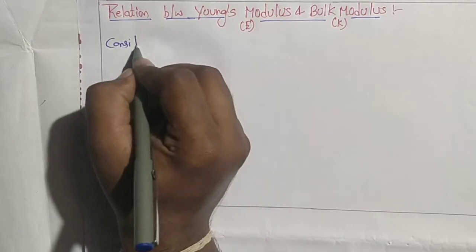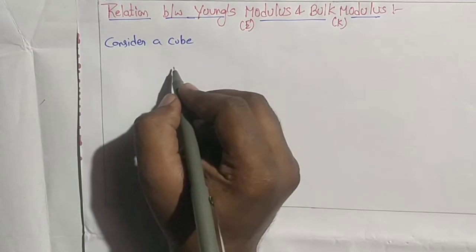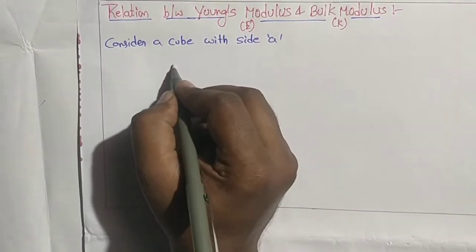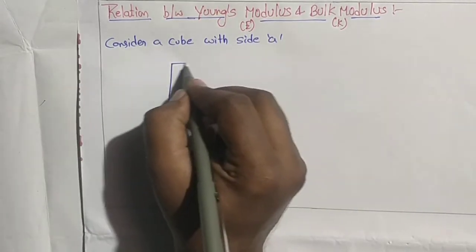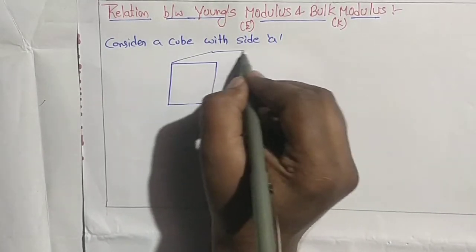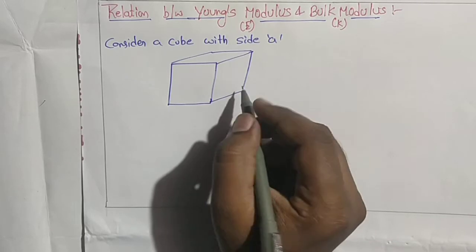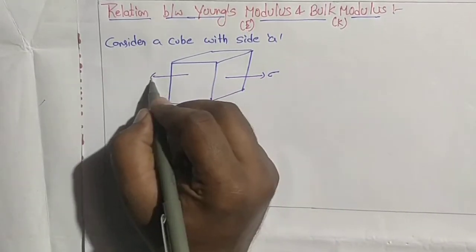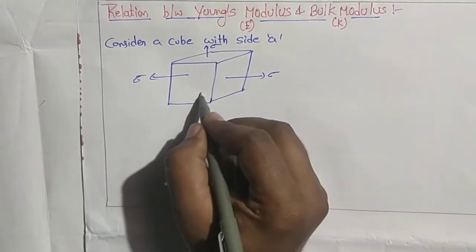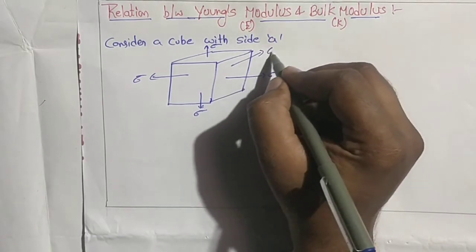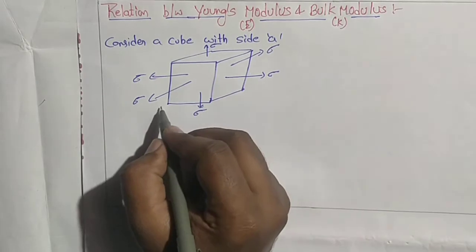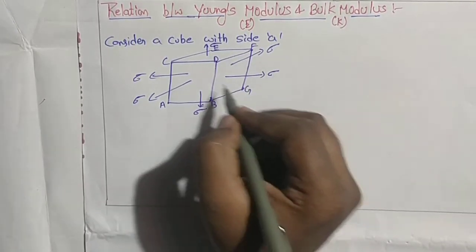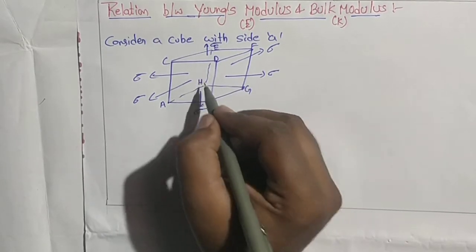Consider a cube with side A. Now I am considering the cube subjected to direct stresses in all directions, that is x, y and z. Okay, a cube A, B, C, D, E, F, G, H.